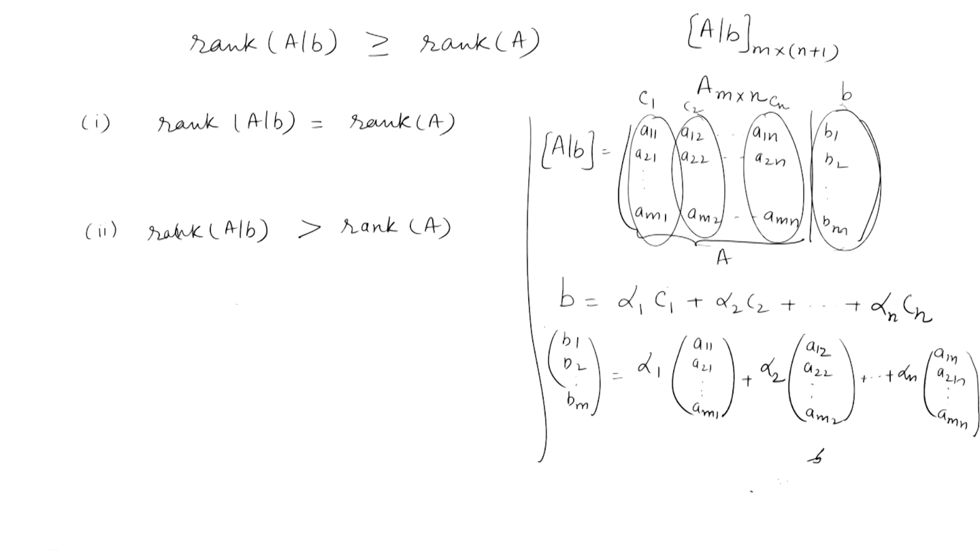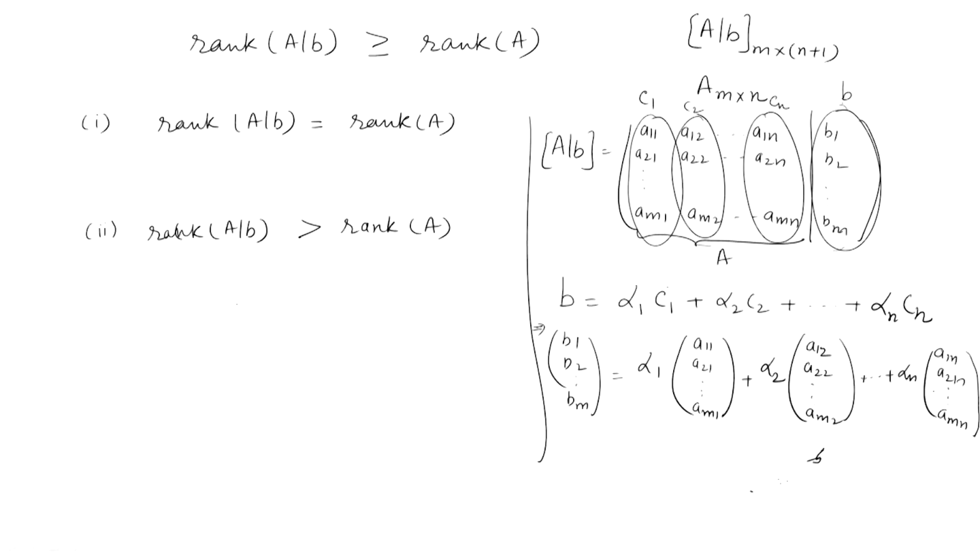So, now this implies that B1 will be equal to alpha 1 times A11 plus alpha 2 times A12 plus alpha n times A1n. Similarly, B2 can be written as alpha 1 times A21 plus alpha 2 times A22 and so on, plus alpha n times A2n, and similarly the mth equation. So, what is it basically?